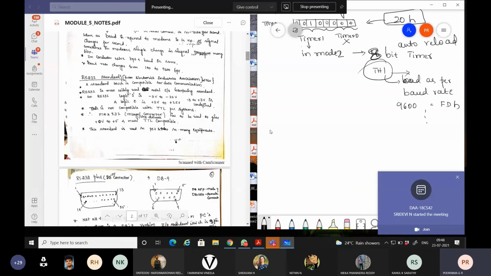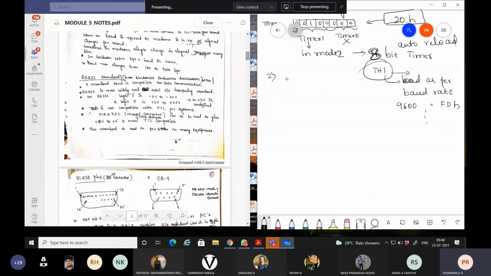So the next step is to load the TH1 register with the value for the required baud rate. Then the third step is to load the SCON register.